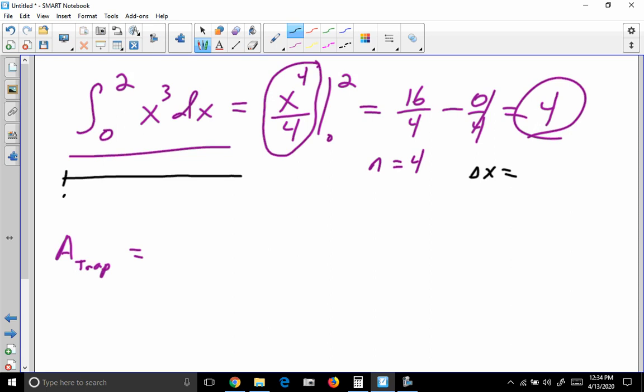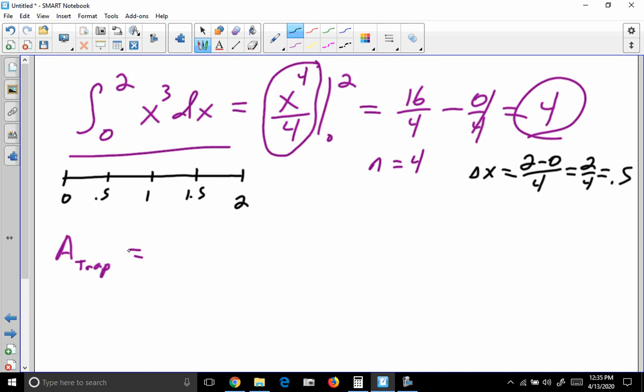We know we're going from 0 to 2, but if we're breaking it up into 4 equal pieces, we need to know what our subintervals are. So b minus a over n. So our delta x is 0.5: 0, 0.5, 1, 1.5, 2. That breaks up our interval into 4 equal segments.